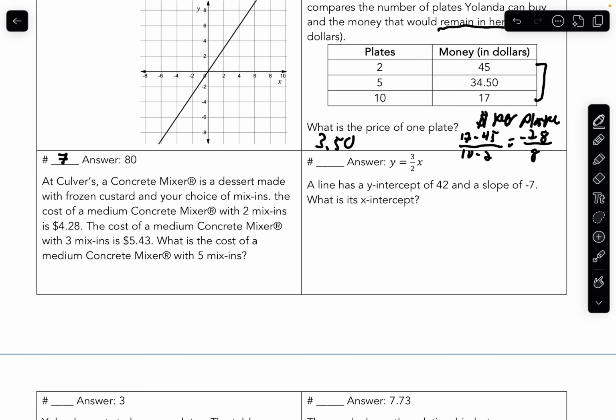Okay. At Culver's, a concrete mixer is a dessert made with frozen custard and your choice of mix-ins. The cost of a medium concrete mixer with 2 mix-ins is $4.28. So that can be thought of as the point (2, 4.28).